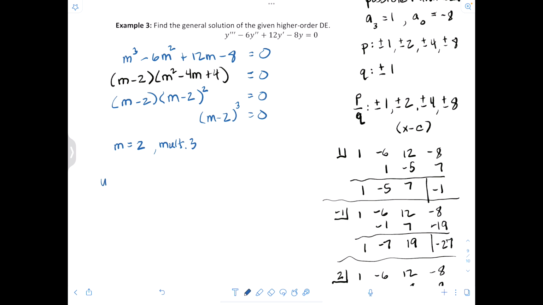That means that y will equal c1 times e to the 2x plus c2 times x e to the 2x plus c3 times x squared e to the 2x. And we're done.